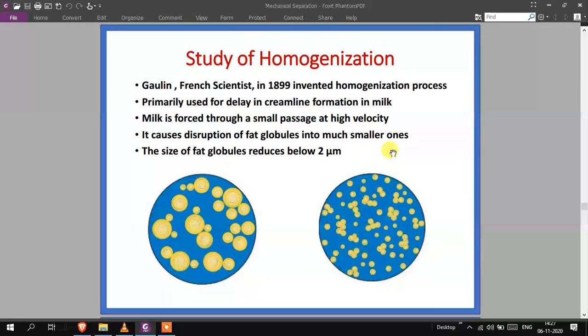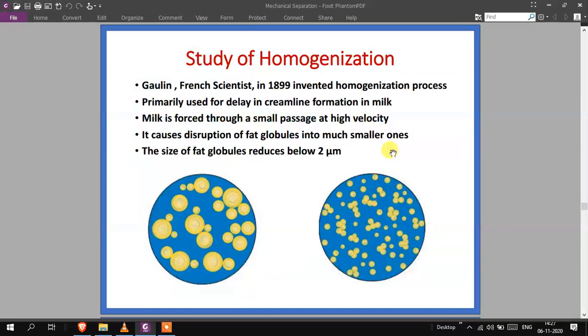In the process of homogenization, we break these fat globules below the size of 2 micron. Why below 2 micron? Because below 2 micron the rise of the fat globules to the top surface of the milk will be delayed by a certain time.